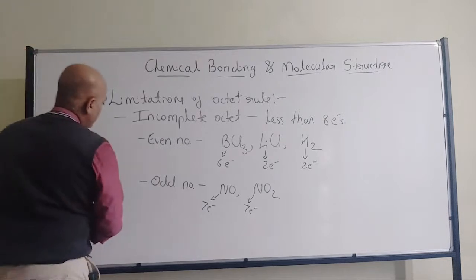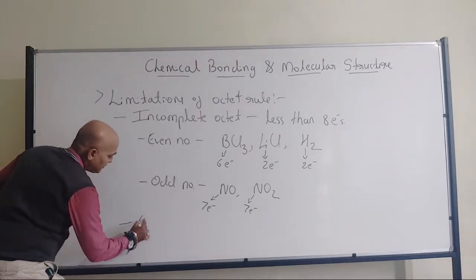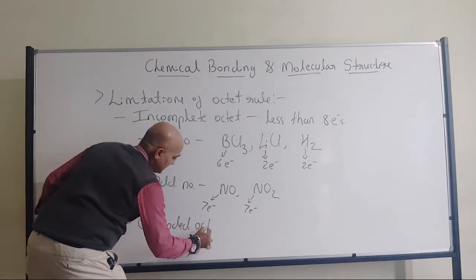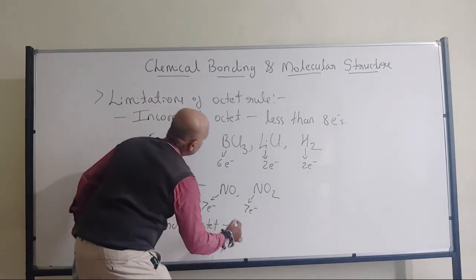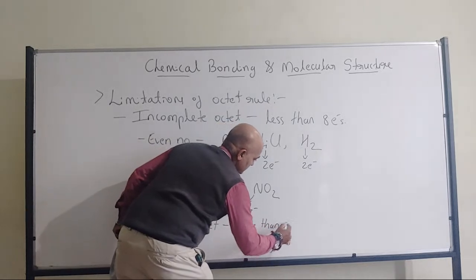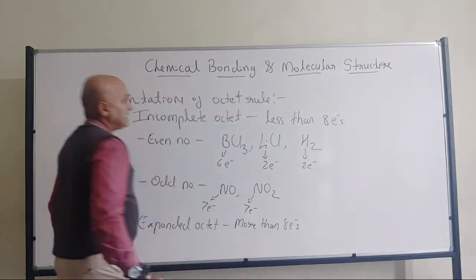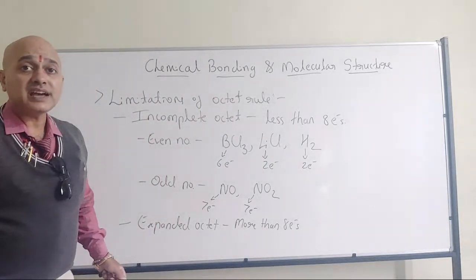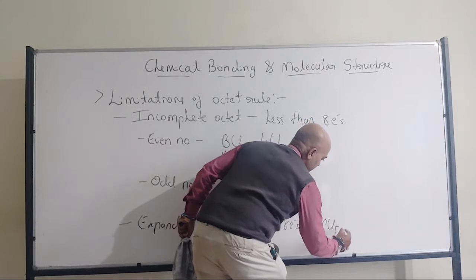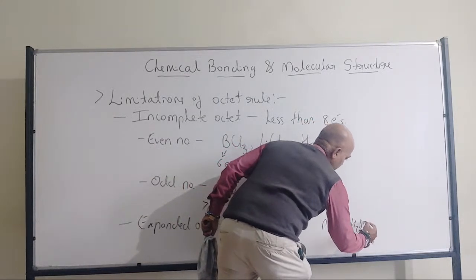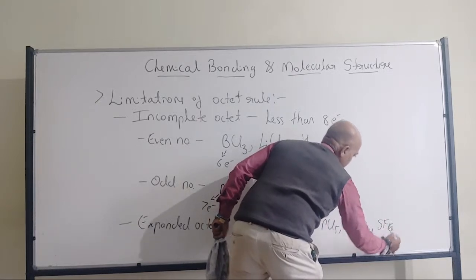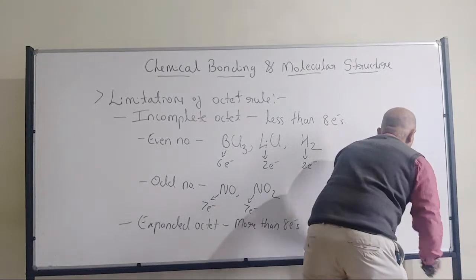Then we have discussed about expanded octet. Just now we have discussed about expanded octet. In that case it will be more than 8 electrons, but still molecules are existing. Examples can be PCl5, H2SO4, even sulfur hexafluoride.